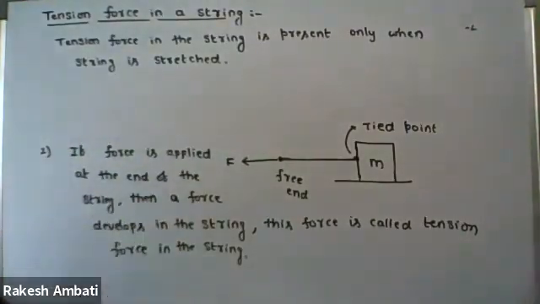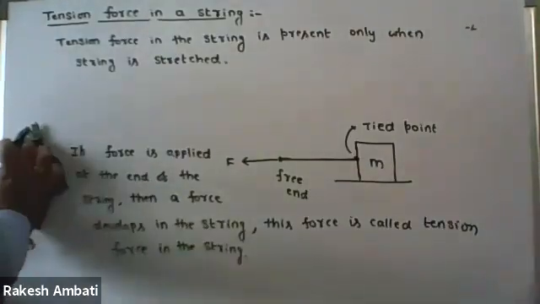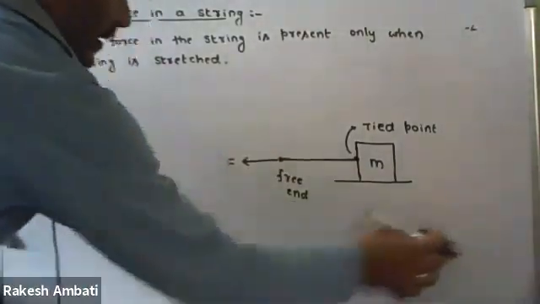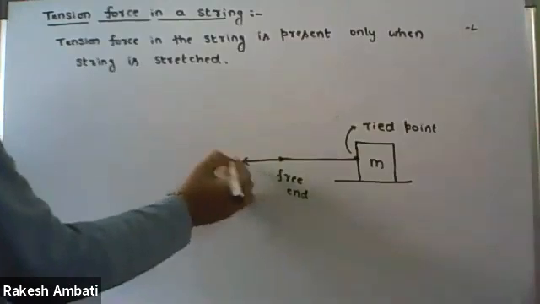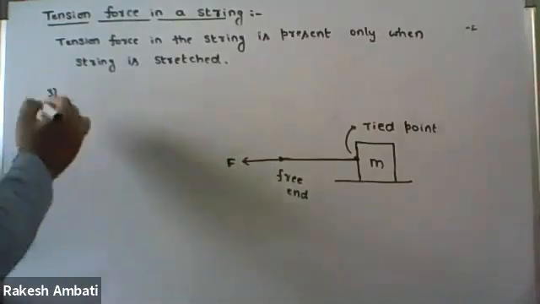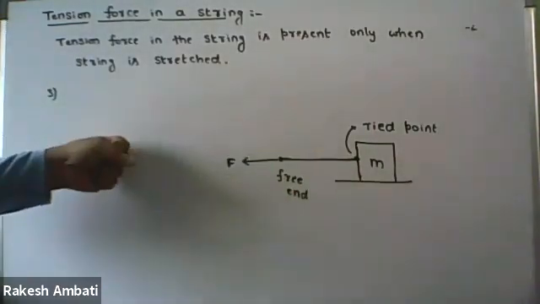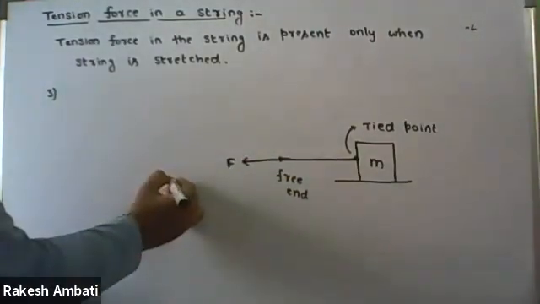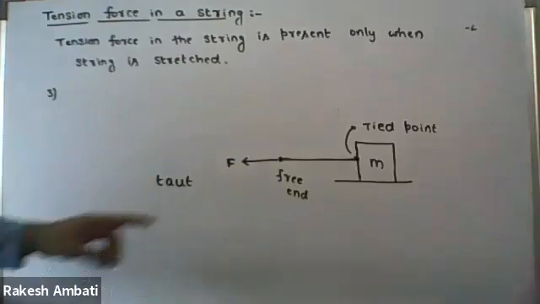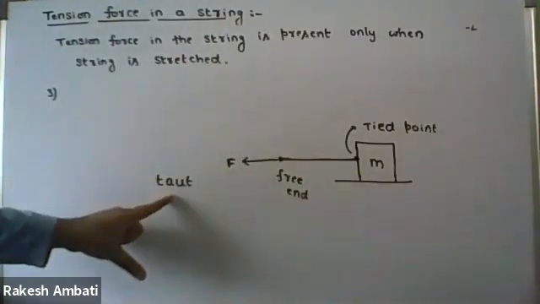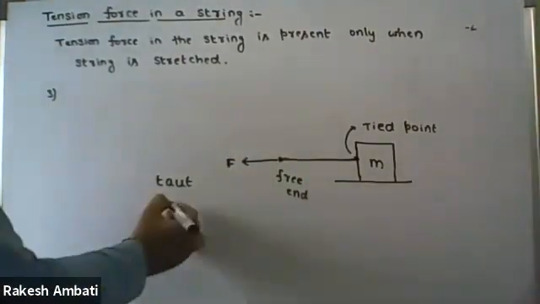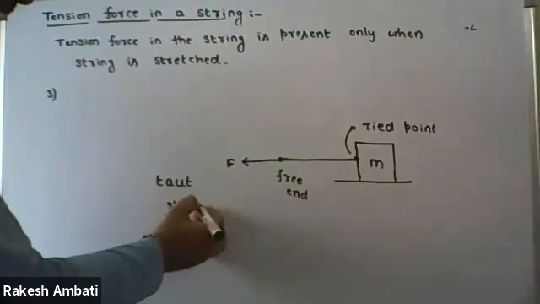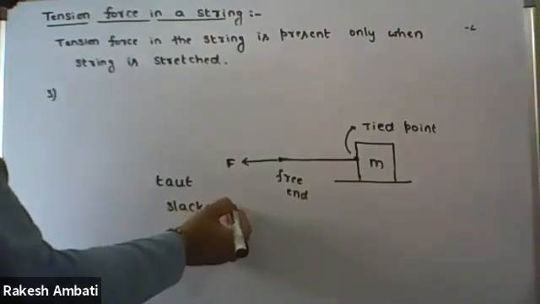Next, the third point. From the same figure, when the force is applied, the string becomes taut or the string is slackened. So what is the case?